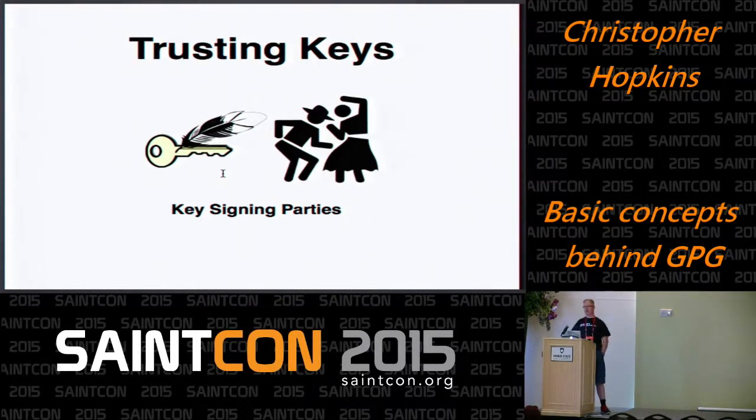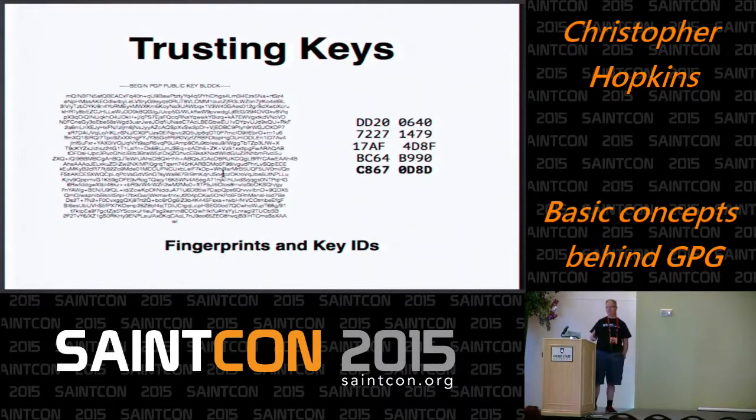But again, in most cases you're verifying someone's identity with their usually government photo ID, and then they verify their fingerprint. Now I've used fingerprint a few times, and I should explain what fingerprint is. This large blob of text right here is a partial ASCII representation of my public key. Not all of it, but part of it. And if we had to sit and read that out, it's not practical.